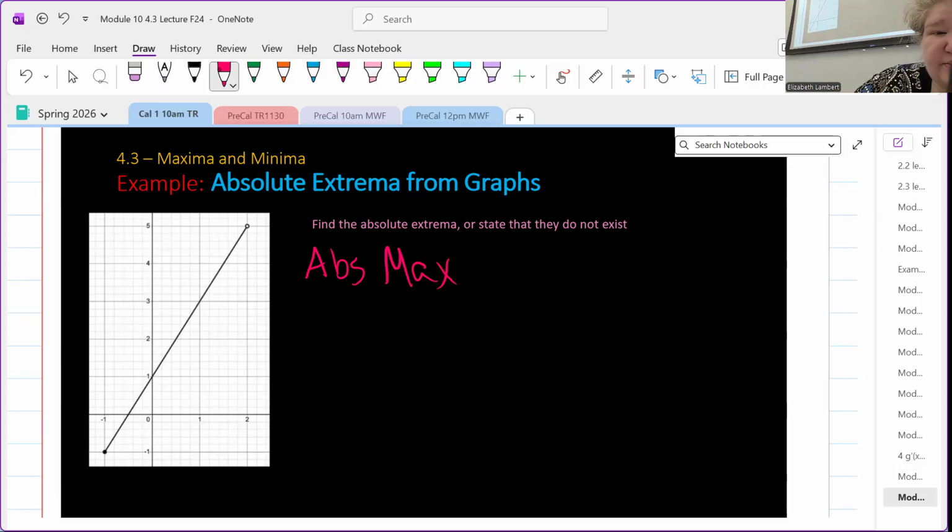So the absolute max here does not exist. Because any number I say could be the absolute max, there's always another x value that will have an even higher y value. Because we never actually hit 5, so we're always just getting closer and closer and closer to it.